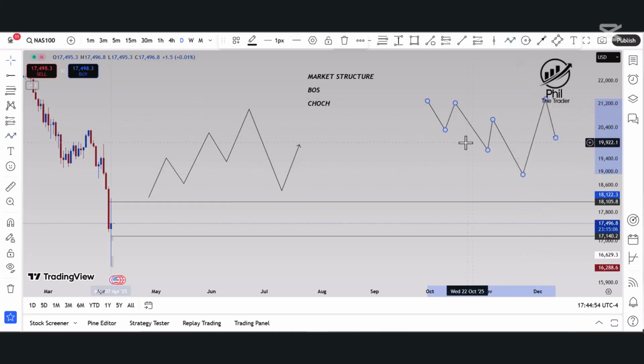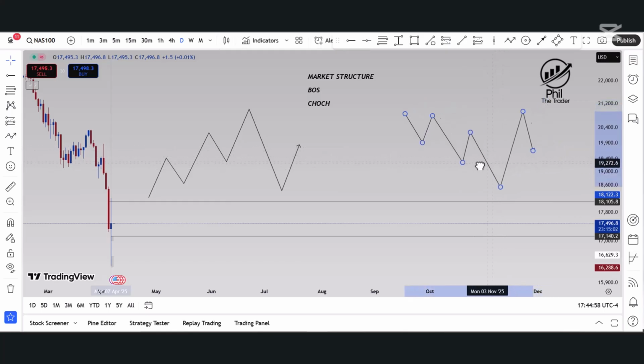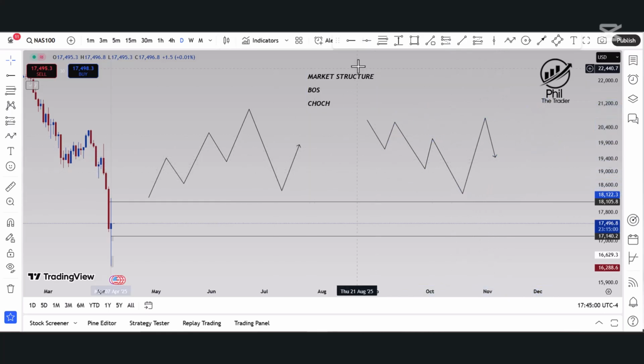So let's take these two trending markets. So now, anytime the market creates a high and it does its pullback and creates another high that surpasses the high that it created. So this is higher high, higher low, higher high, higher low, higher high. So this is in the bullish section, or when the market is bullish, right?